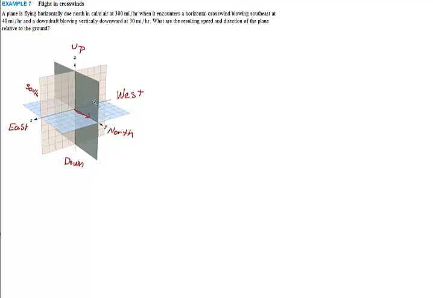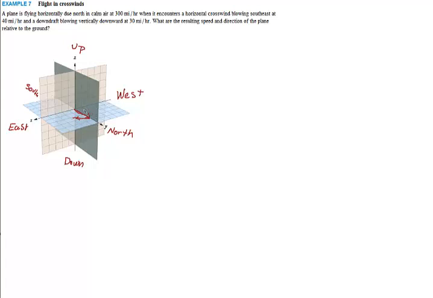It encounters a horizontal crosswind blowing at southeast. So it's taking this vector and blowing it. I'm going to say that that's right on a 45 and at 40 miles an hour. So that'd be a little one. I probably shouldn't have drawn it that big, but that'll do.